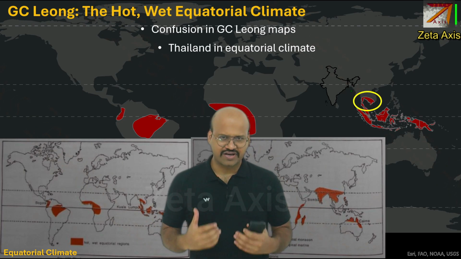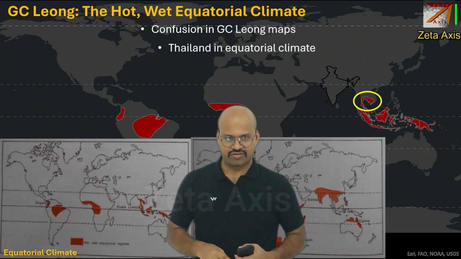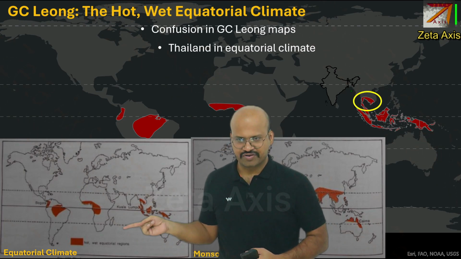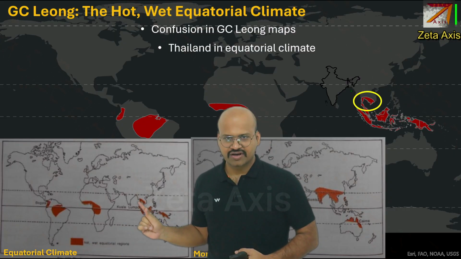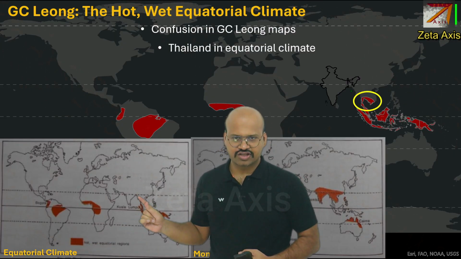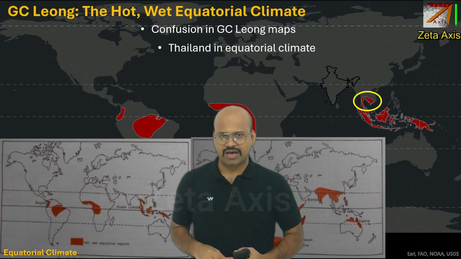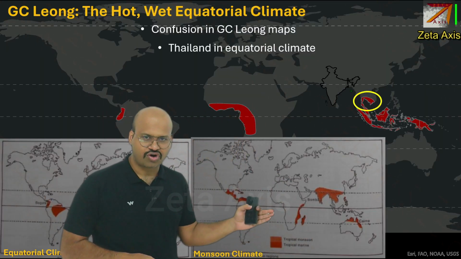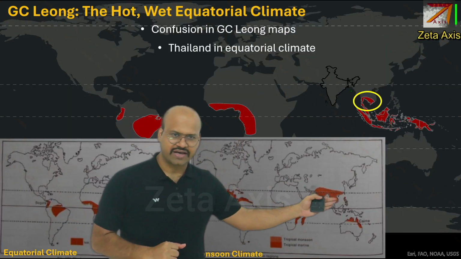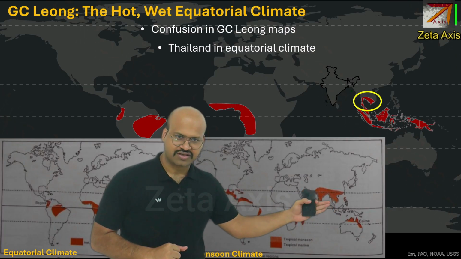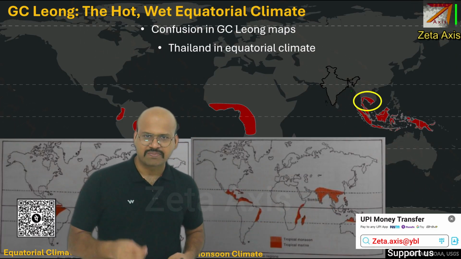Now there is some confusion in the map of G.C. Leong. If you see this map, which is for the equatorial climate, here we can see that Thailand is shown as part of the equatorial climate. But when we go to the monsoon or tropical marine climate, again we can see that this whole region is shown as part of tropical marine.